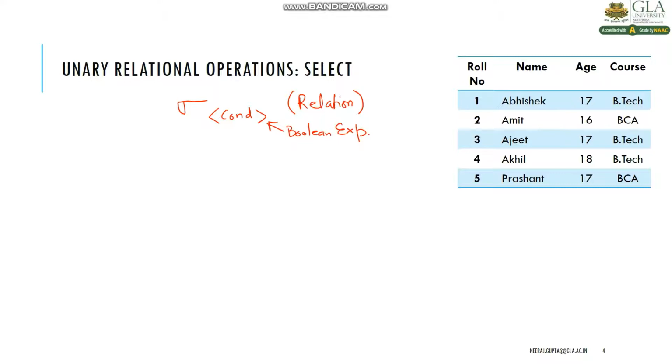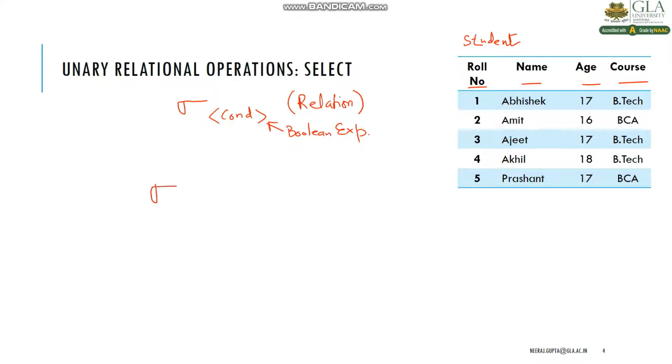Okay, so for example, this relation is given to you. Its name is student, which has the attributes roll number, name, age, and course. Now suppose the query is, I would like to find out the students whose course is BTech. So how do I write the query in relational algebra?